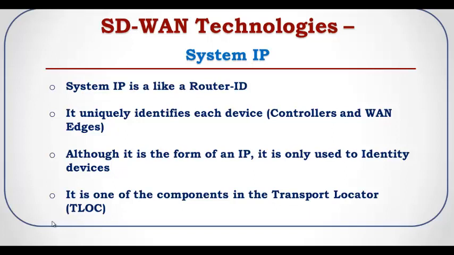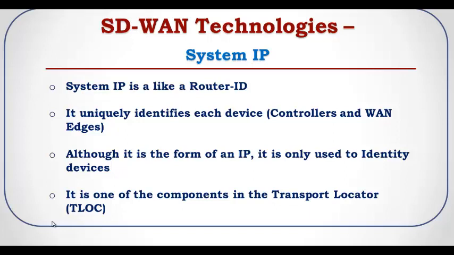Same as the OSPF router ID: even if you can't ping it, even though it is not configured on any interface, it can be used to identify the device. Same way, third point, although it is in the form of an IP, it is only used to identify the device.